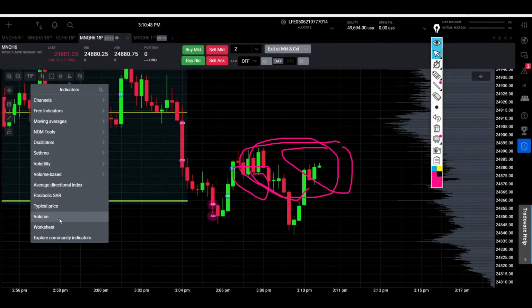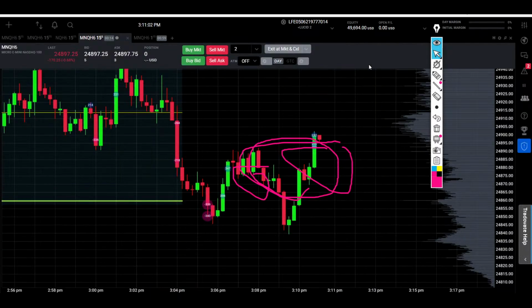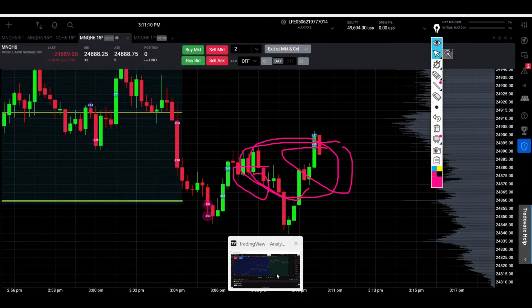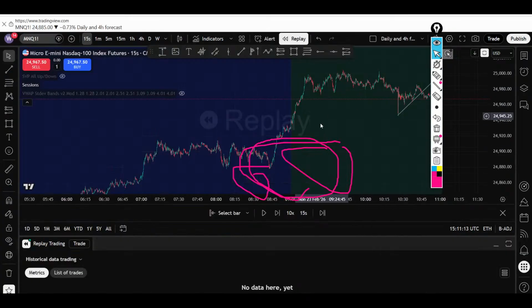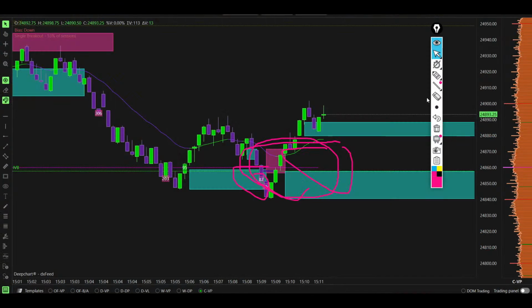When you go here, explore community indicators, you will have to type in deep effort or whatever it is based on. Yeah, it is based on delta, I think, on delta and big trades together.